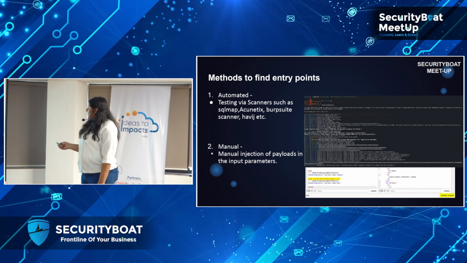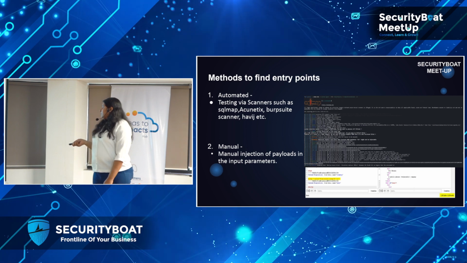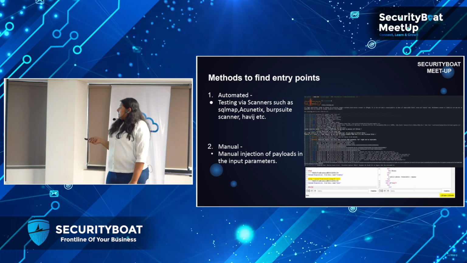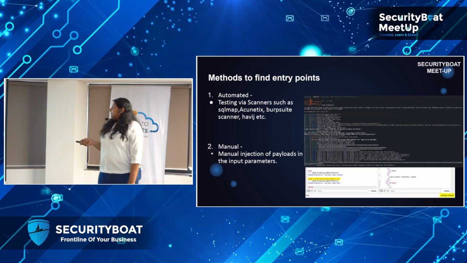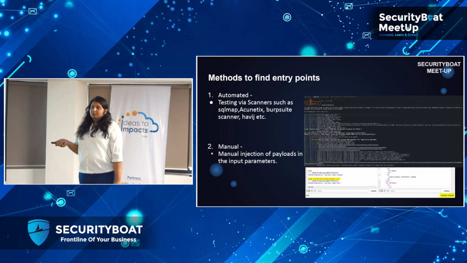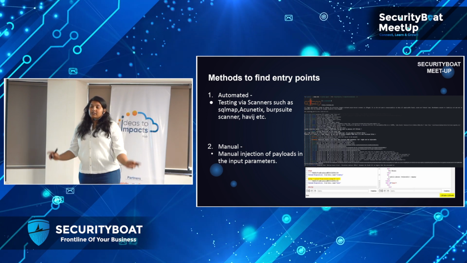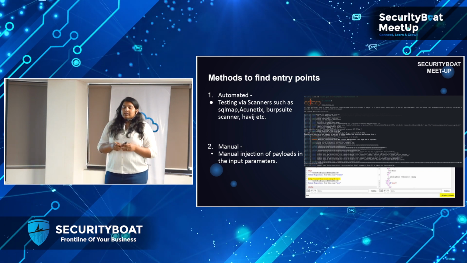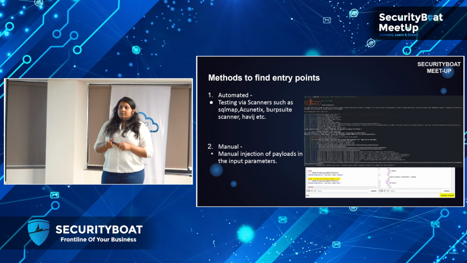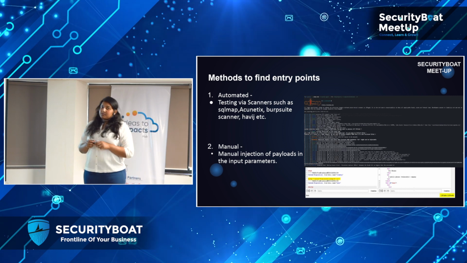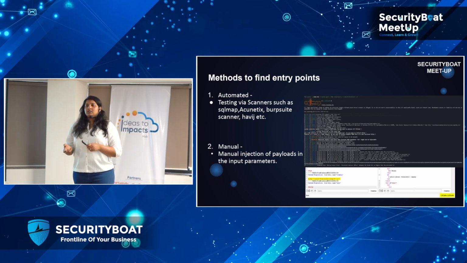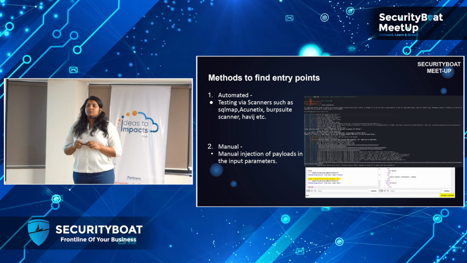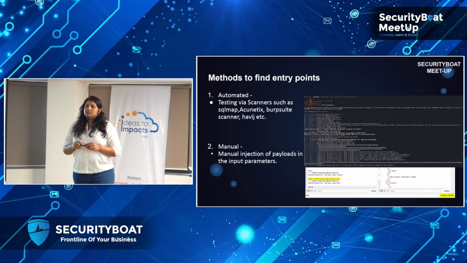And the second one is Burp Suite. Again, this is another example where you have to find the entry points. Do not forget to check the errors and headers about what exactly the database being used in the backend is, because sometimes the database also sets its custom header in the response and provides you more information about the database.